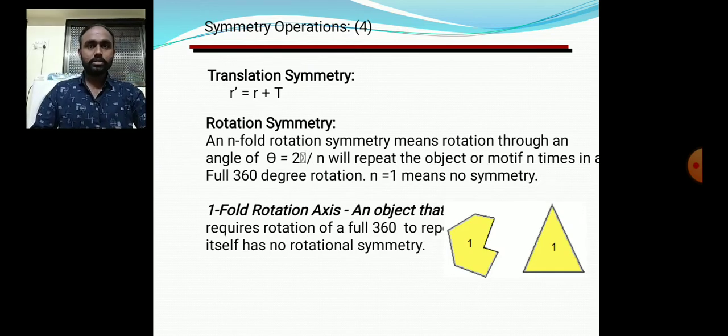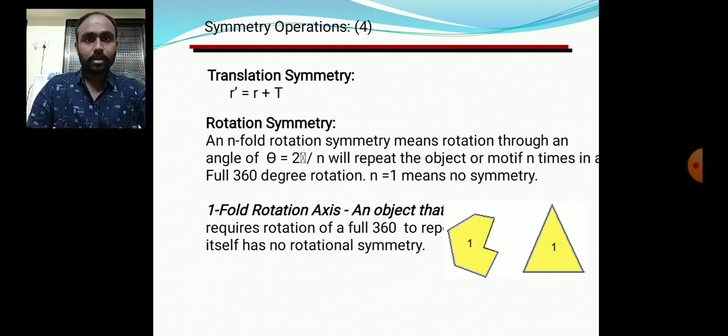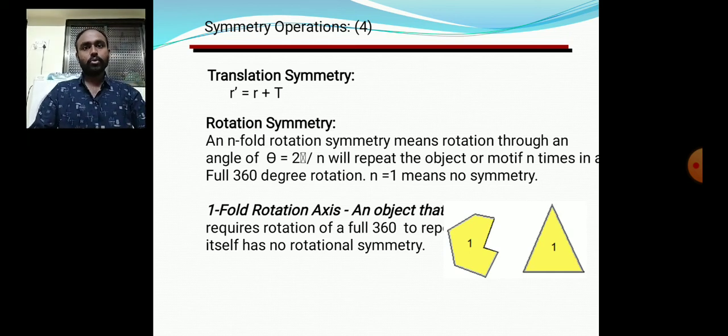And moreover, this is translational symmetry. That means I have translated something from one point to another point, but the crystal remains the same. That's it, simple, right? The crystal does not have any change. There is no change in the interatomic distances, no change in any lattice parameter, no change in the angles or anything else.